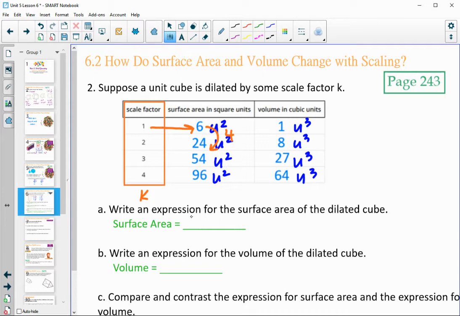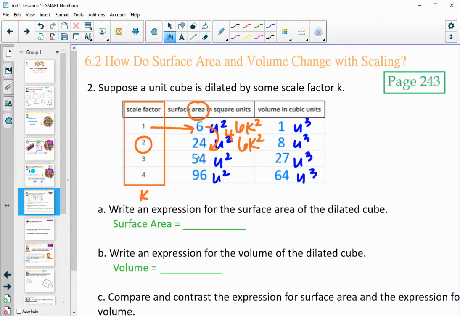So in this one, you just have 6K. This one looks like the 4 is this number for our scale factor, but K squared, which makes sense when we're using area. So actually this one is squared too, because 1 times 1 is still 1.